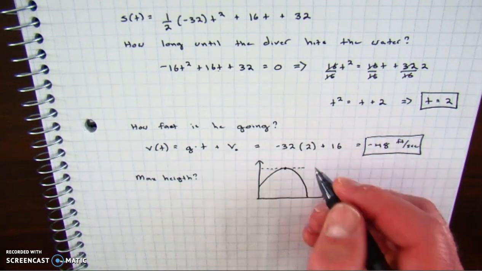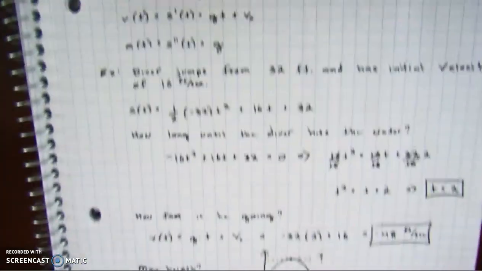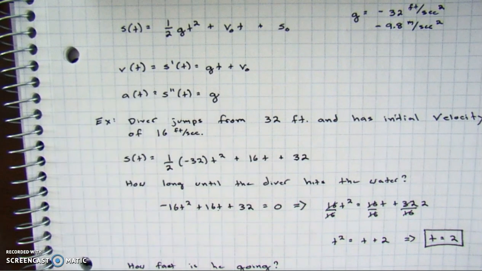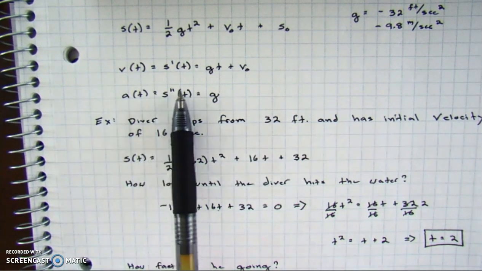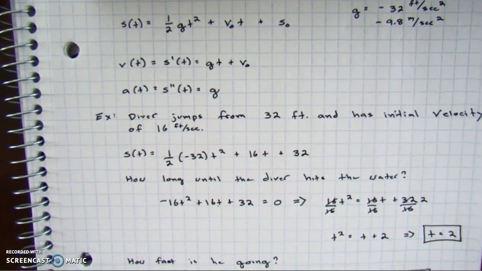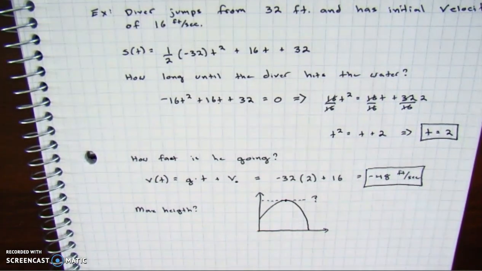So we've got to figure out at what point that happens. We can figure that out fairly easily. We already have our velocity equation. So we have to figure out at what point the velocity is equal to 0. Okay, so we've got to figure out the time first.